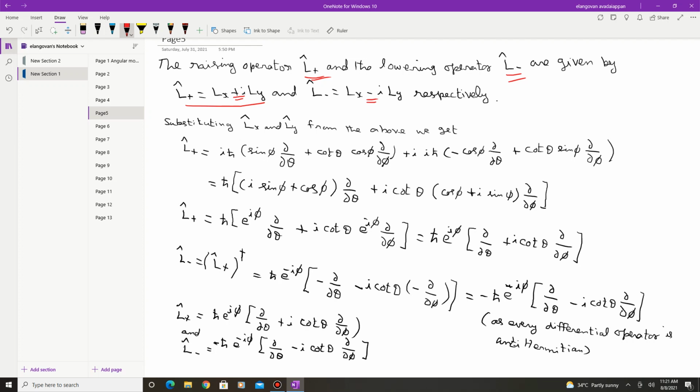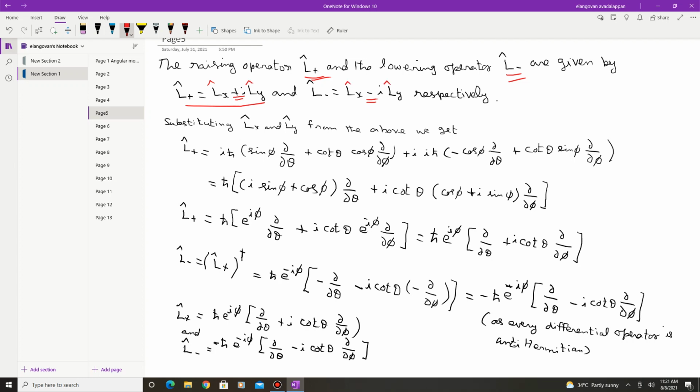This is the way we define the rising and lowering operators of the angular momentum operator. Now you know the Lx operator and the Ly operator, because we have already calculated them; everything is an operator.